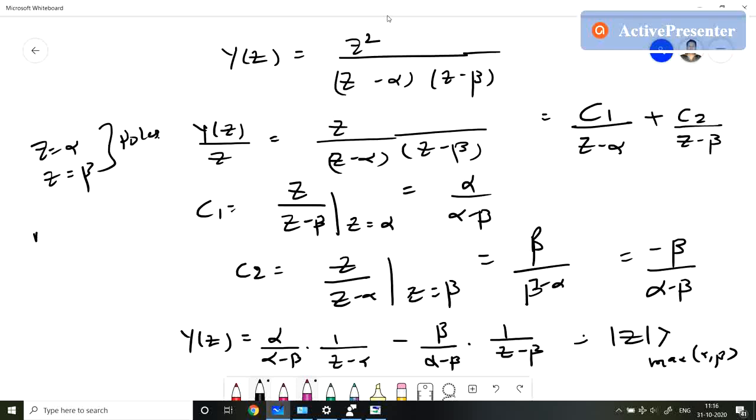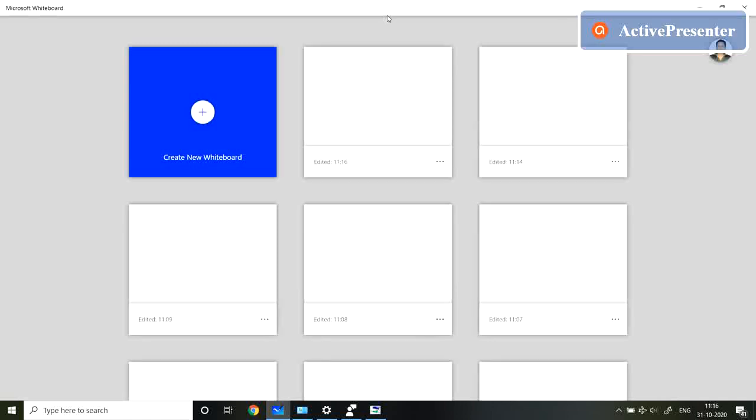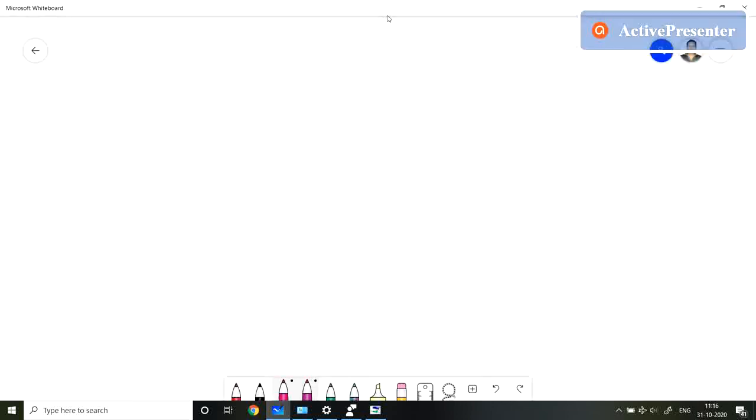So whatever be the maximum value of alpha comma beta, the ROC, that is modulus z, is greater than the maximum value of alpha comma beta. Since both are causal, that's why we have taken this ROC.